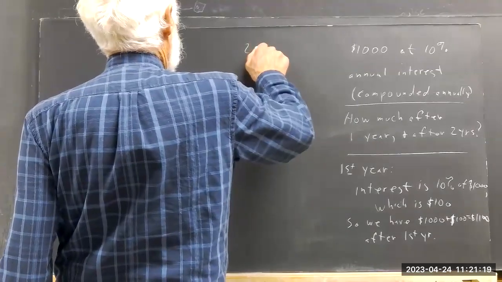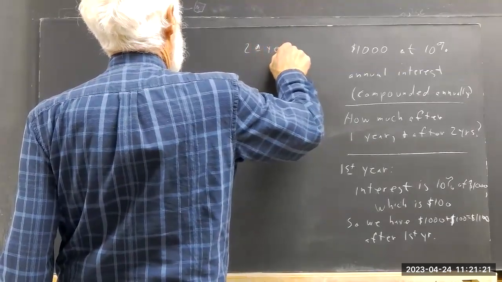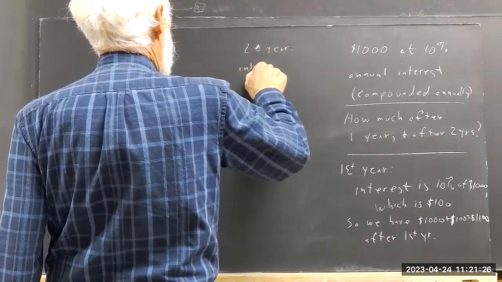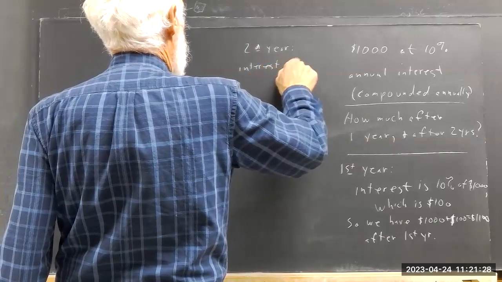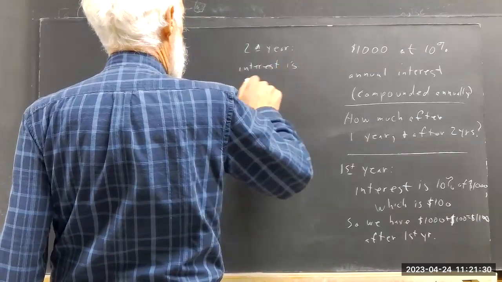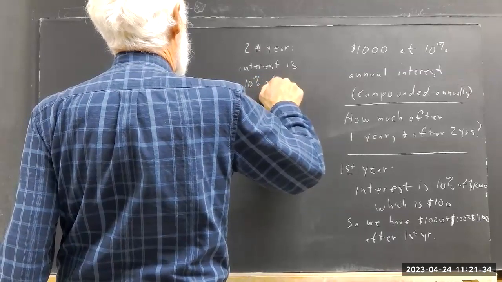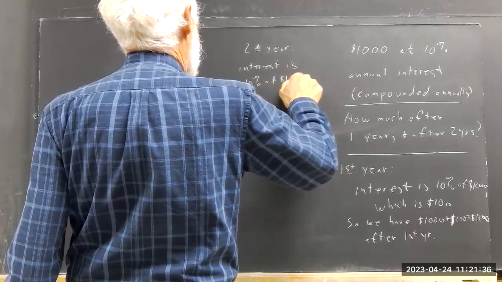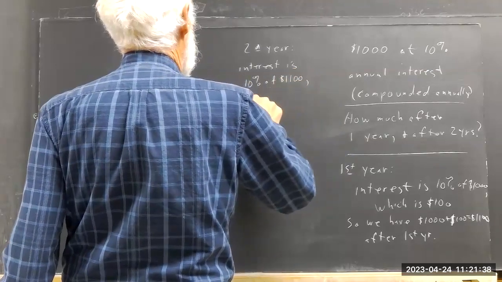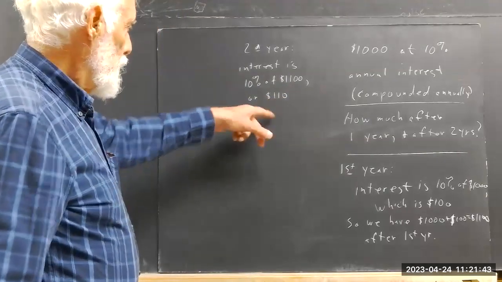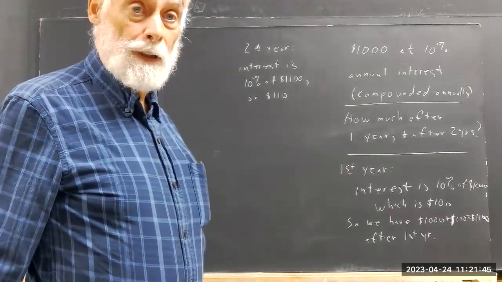And so for the second year, interest is ten percent of 1,100, which is 110.